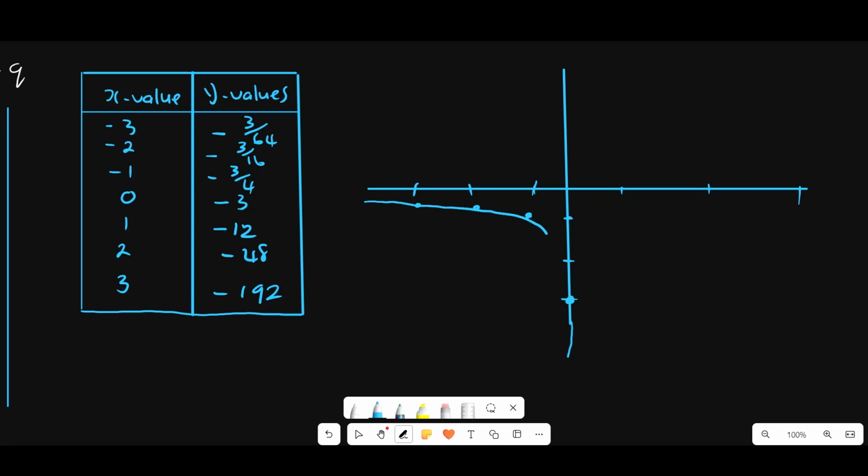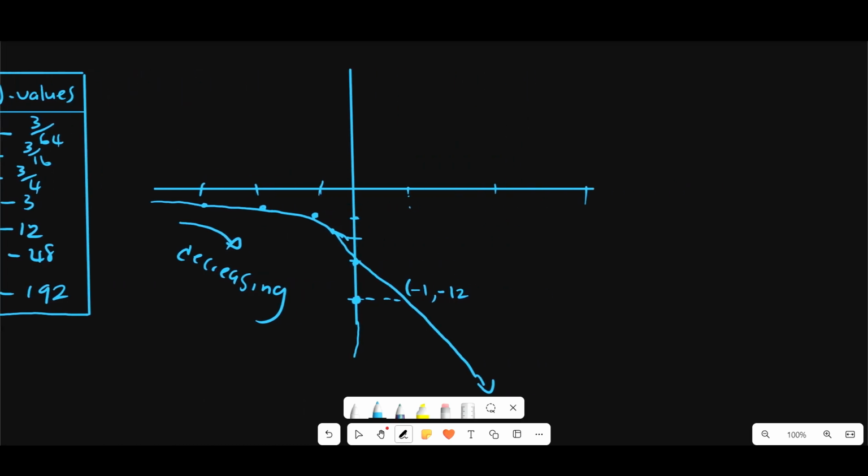So at 1 we'll have -12. You can see that my graph in that case is a decreasing function because as it moves from left to right, it keeps on decreasing and going to the downside.